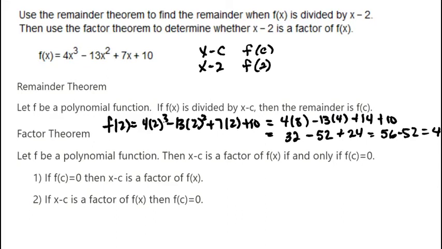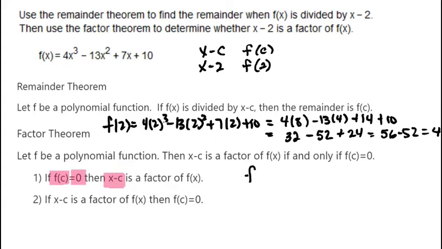So remember, we just divided by x minus c, and we calculated f of c to be the remainder, and if that remainder is equal to 0, then we know that x minus c is a factor.